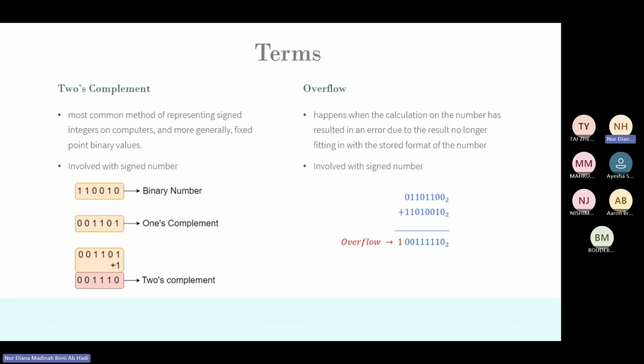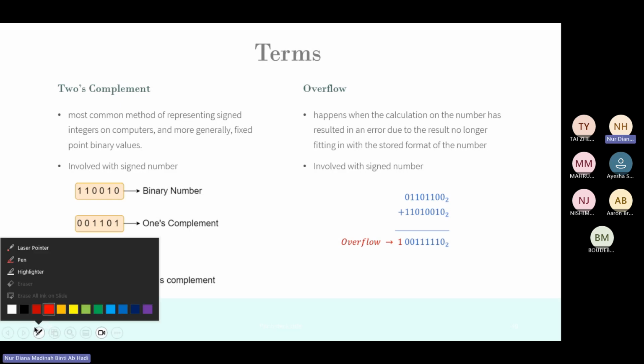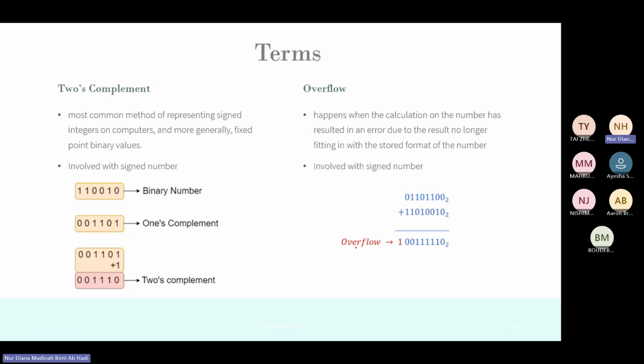Overflow happens when your calculation results in an error because the result no longer fits in the stored format. Usually it will involve signed numbers. As you can see here, 0 plus 0 would be 0, 0 plus 1 would be 1. But this one, 1 plus 1, you're going to have a carry out 1, and a carry in 1. So 1 plus 0 plus 1, you're going to get 0 also.